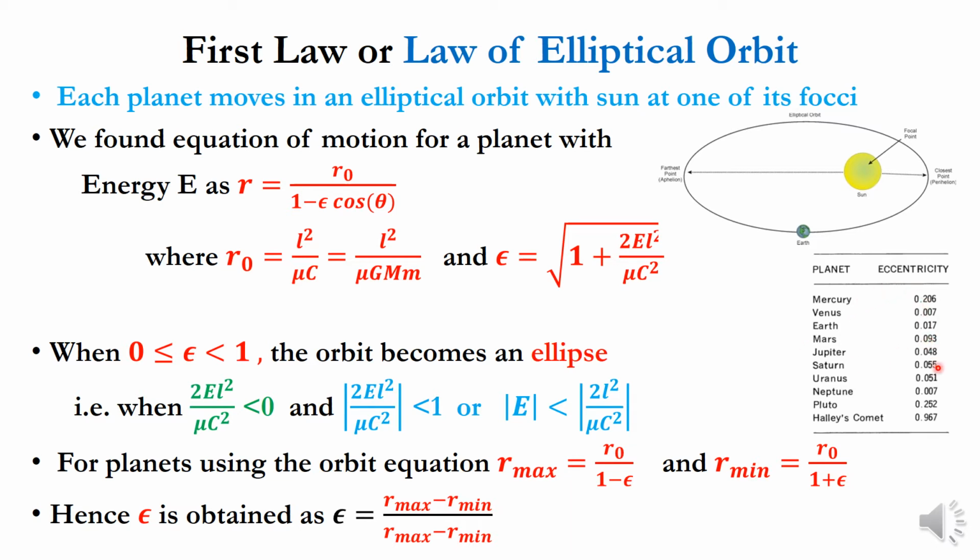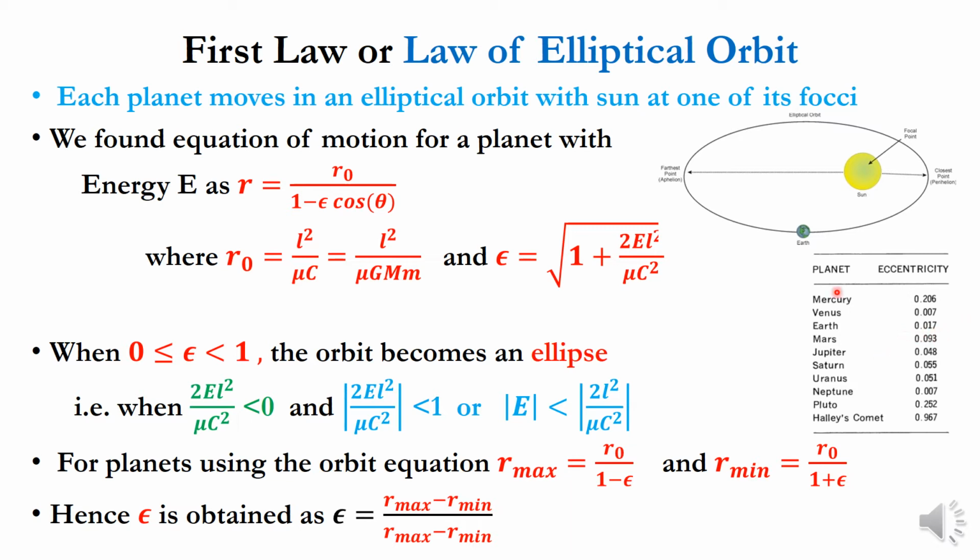So using this r max and r minimum, the eccentricity for various planets are calculated like this. For almost all planets, the value is very, very small, very near to 0. For Earth it is 0.017.